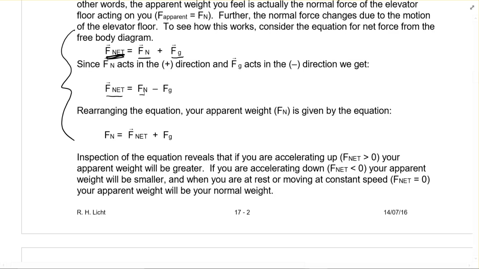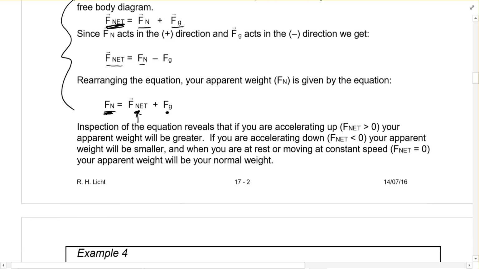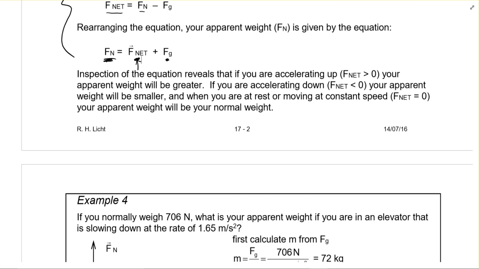If you rearrange that, your normal force, your apparent weight in the elevator, is going to be the net force, or the force that's responsible for your acceleration, plus Fg. So you feel that much heavier when you accelerate upward.